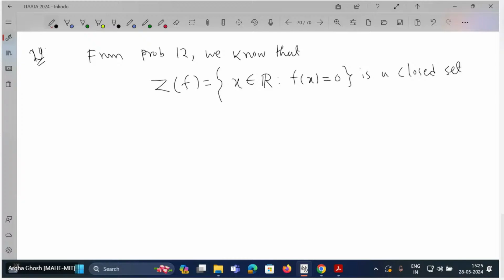Obviously f_A is a continuous function. We already proved it's a uniformly continuous function. Okay, the zero set is a closed set, correct.